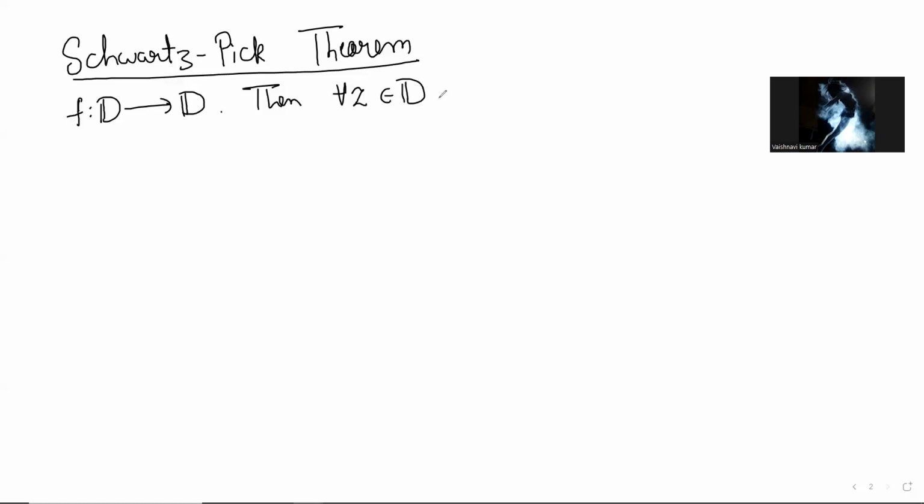the inequality: modulus of f dash of z, divided by 1 minus modulus of f of z squared, is less than or equal to 1 over 1 minus modulus of z squared.